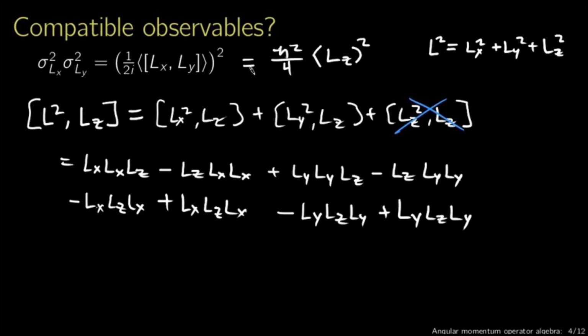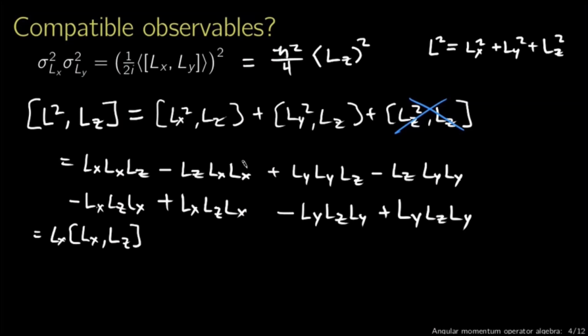Now this we can actually work with. If you notice, here I have an Lx on the left, and then an Lx Lz minus Lz Lx. So if I was treating these two terms just by themselves, I could factor out an Lx on the left, and I would be left with a commutator of Lx and Lz. That would end up looking like this. So this is still an equality. Lx on the left, and then Lx commutator with Lz accounts for this term.